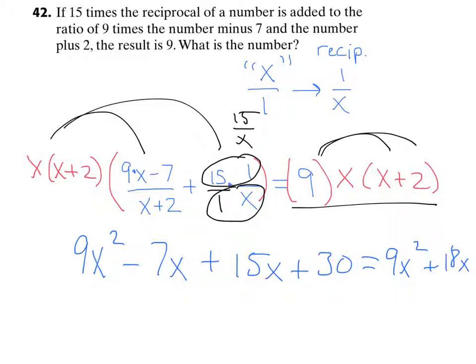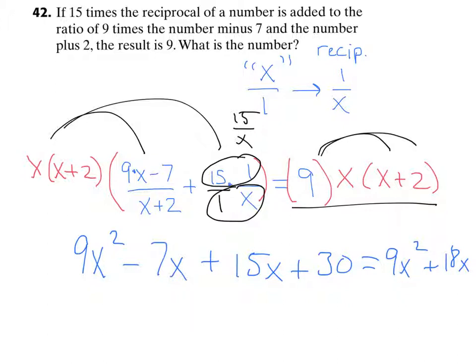You're going to combine this negative 7x with the positive 15x, which is going to make positive 8x. And then you're going to subtract the 8x from both sides, leaving 10x. And then you still got the 30.